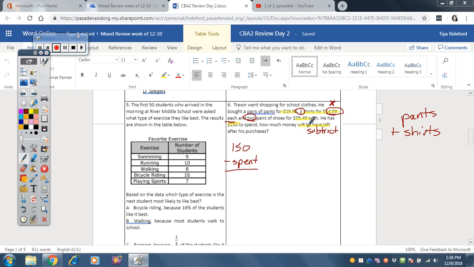He also bought 2 pairs of shoes for $35.49 each. That's also multiplication. So you have 2 multiplication problems, an addition problem, and a subtraction problem. 7th grade is so much fun.